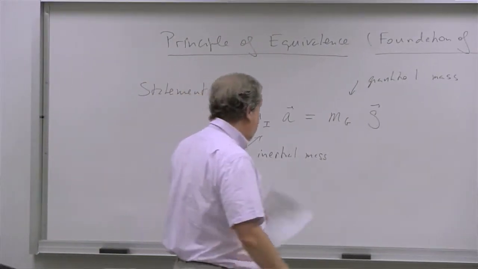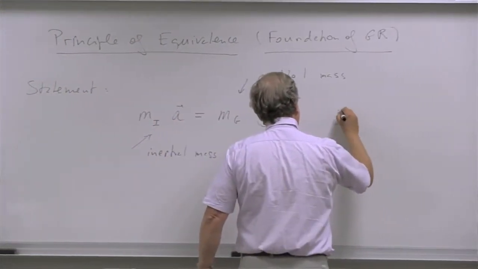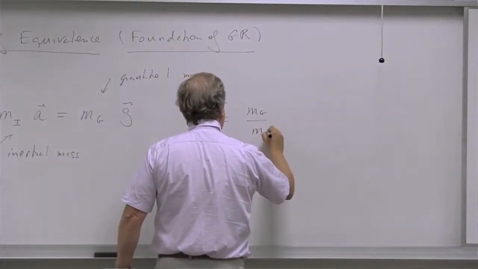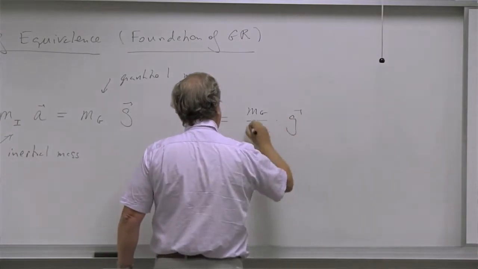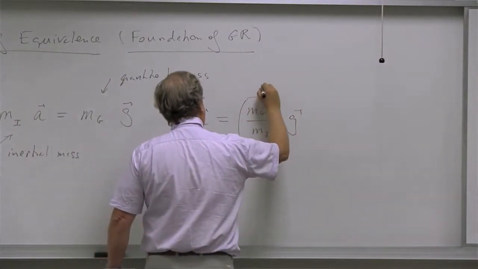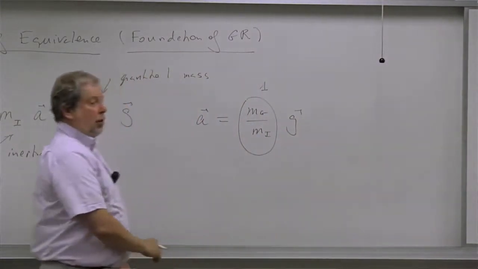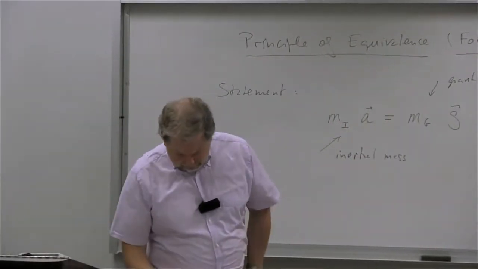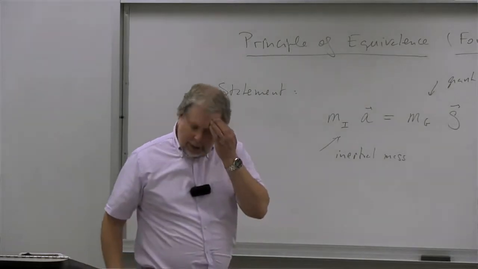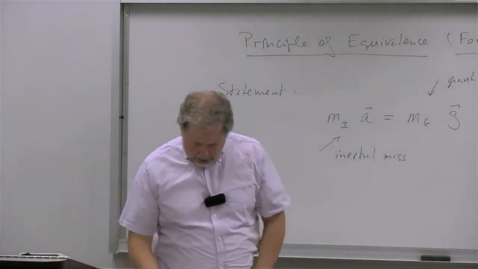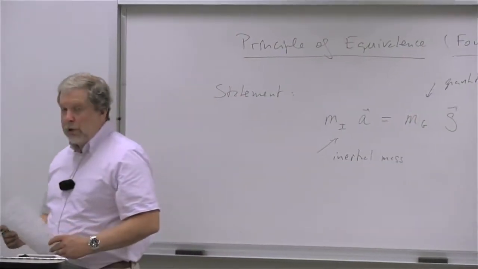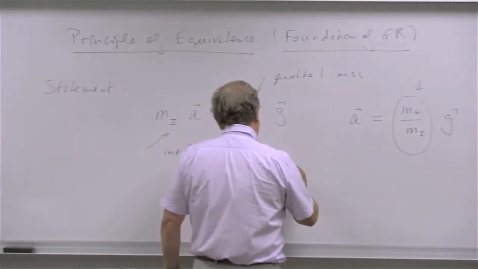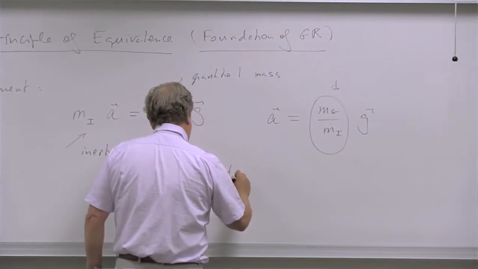So that means that the acceleration is equal to mg over mi times g, where this ratio here is unity. So that is the fundamental basis, right, for the general theory of relativity. And this was verified in a number of experiments, starting with Cavendish and later on with Eötvös.